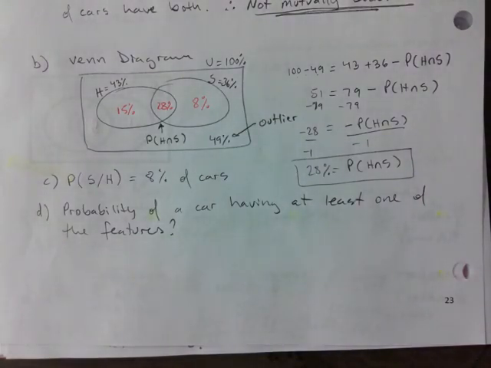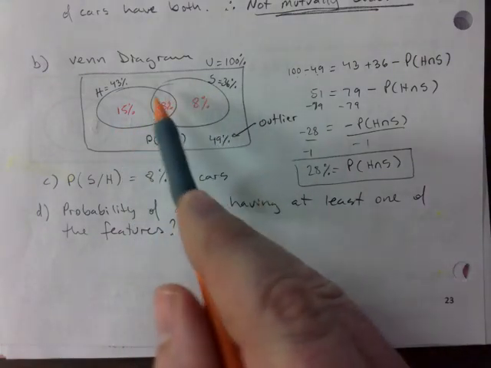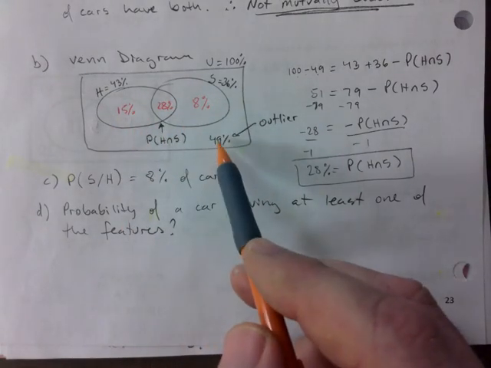What if the question read, what's the probability of the car having at least one of the features? It's asking for, find a percentage inside the bubbles, not the outliers.